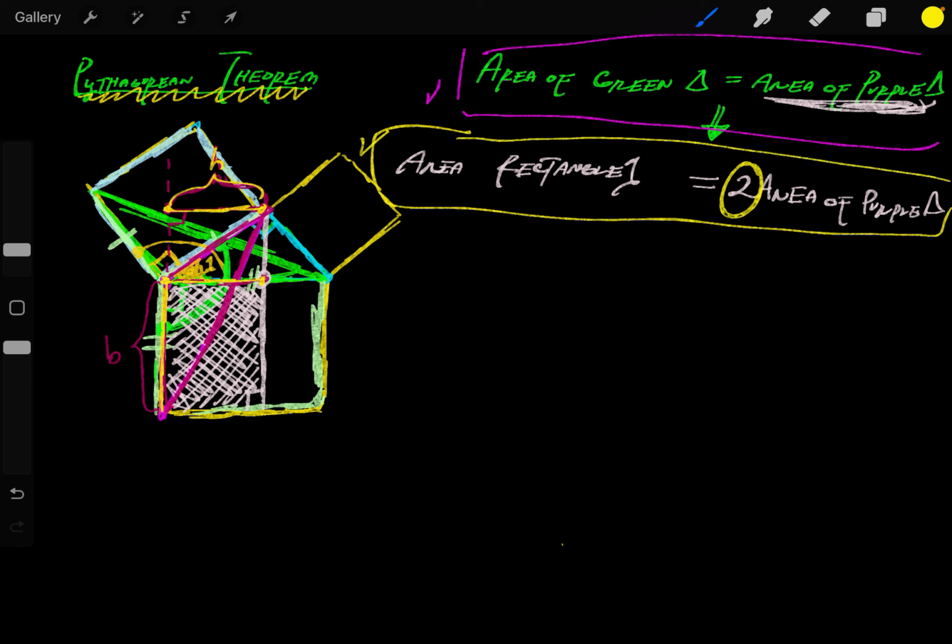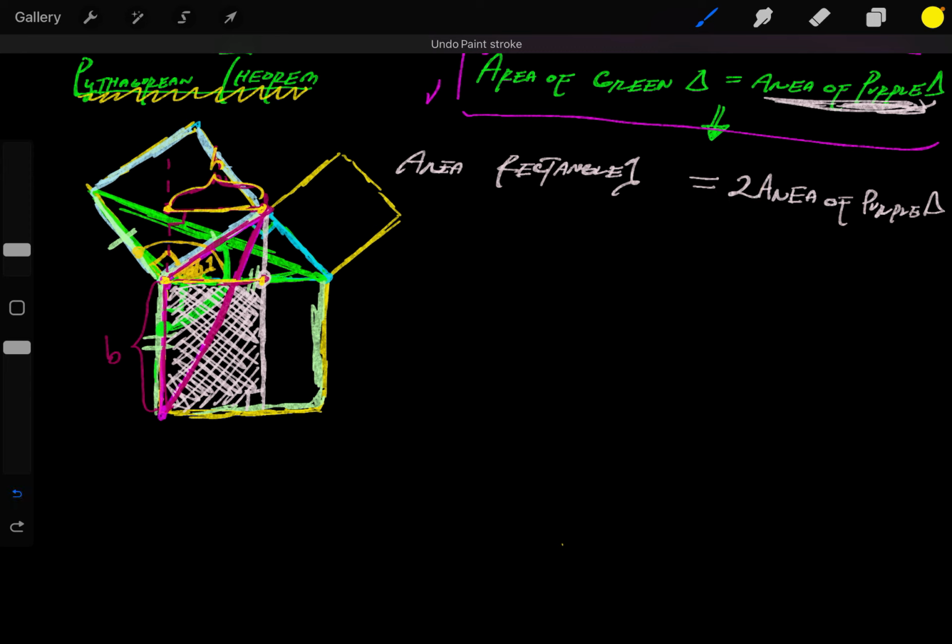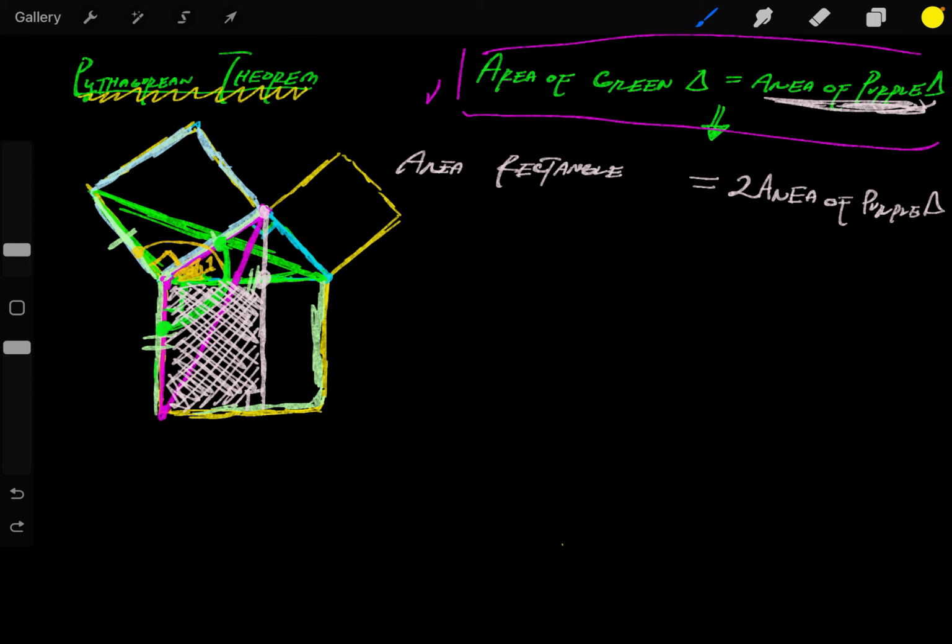And now let's look at the area of the green triangle. Let's erase some of our construction marks so it's a little more clear, so not everything is all over the place. And let's look at this green triangle here.